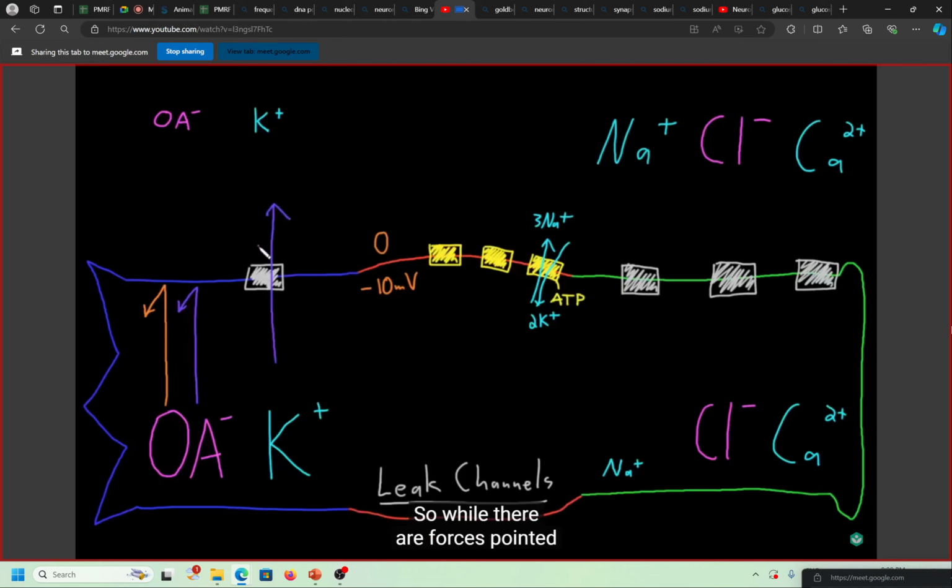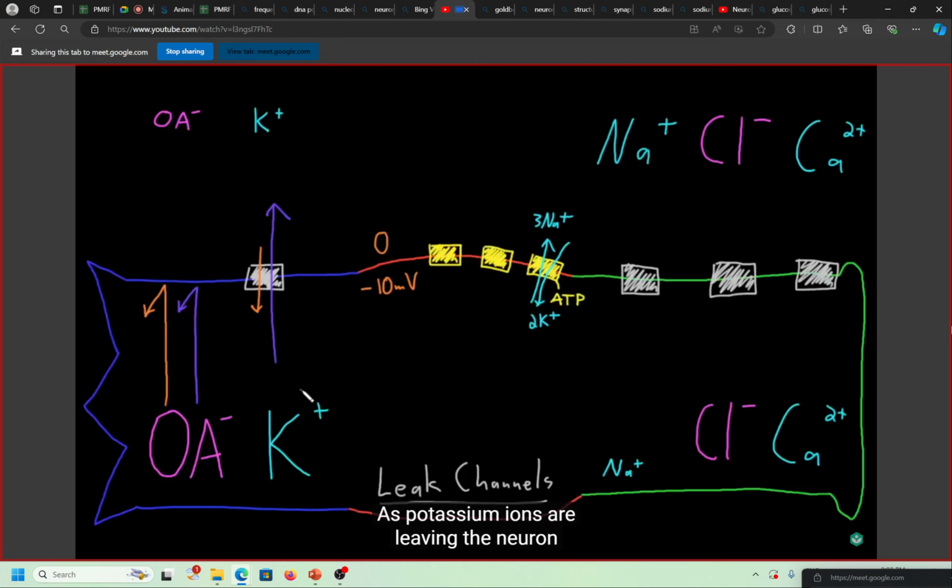So while there are forces pointed in opposite directions acting on potassium, the net electrochemical driving force, that is the larger diffusion force minus the smaller electrical force, will cause a net movement of potassium ions out of the neuron through the leak channels.